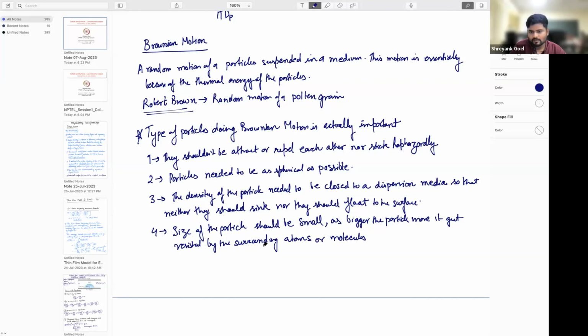Being resisted means they are decreasing its velocity.